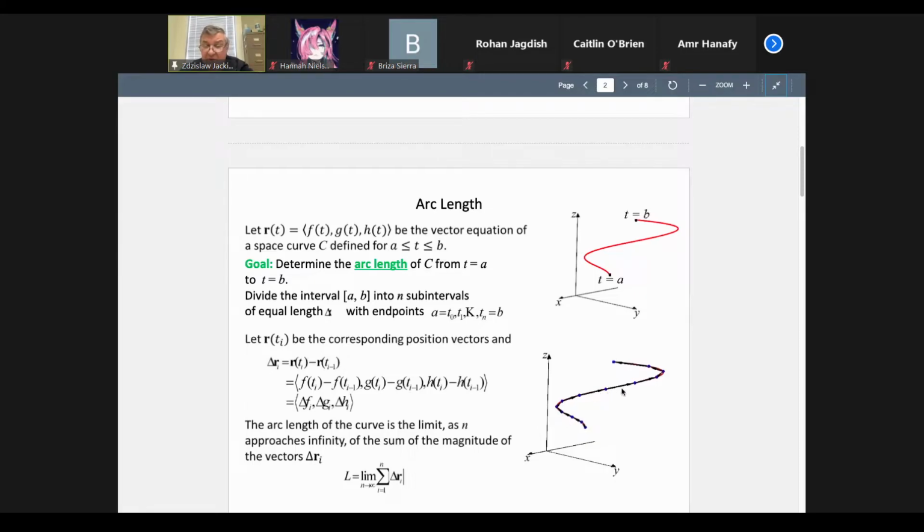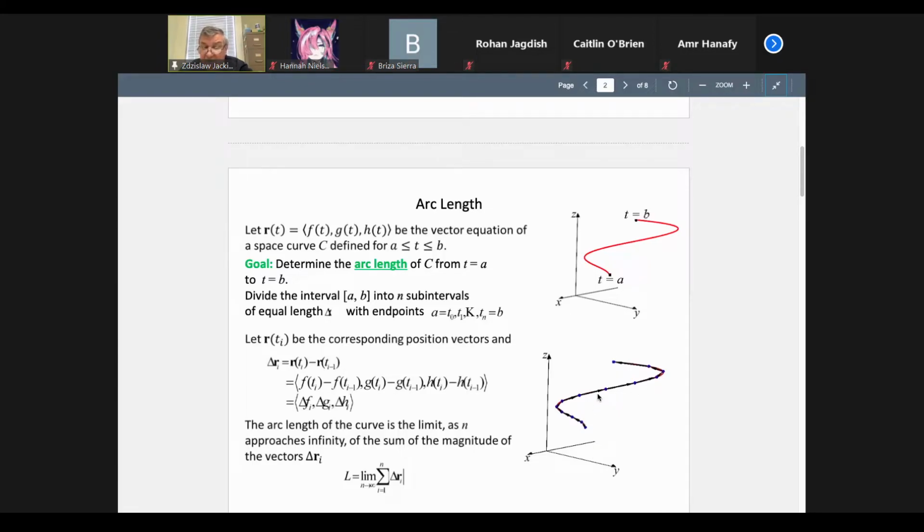So what we do, we divide this curve into some subintervals. Let's say this is T0, which will be A, then some point T1, T2. We just have different points on the curve.